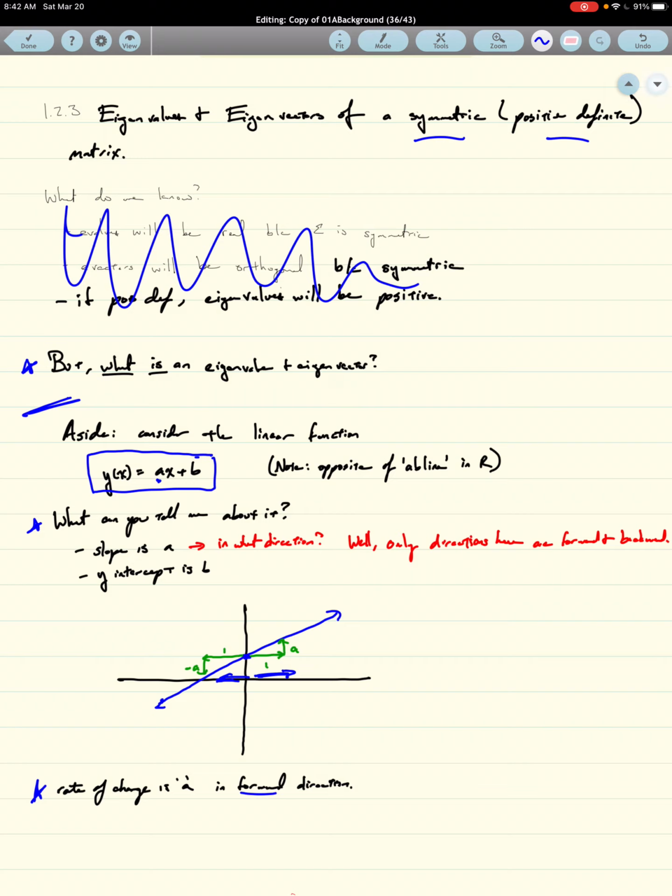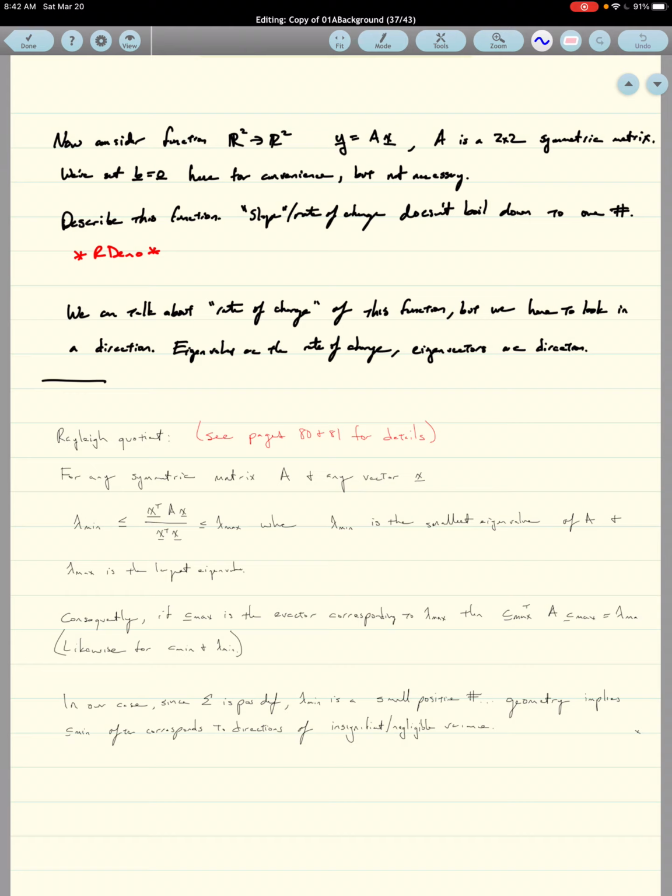Okay, so now let's consider a function going from R2 to R2. So now what we plug in is an x, what we get out is a y, and this is a linear function. And so it's described by a matrix A. And let's further assume that A is 2 by 2. The reason I'm doing 2 dimensions is because we can kind of picture it.